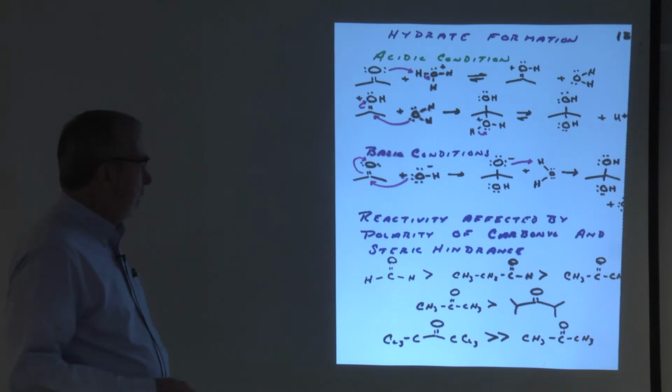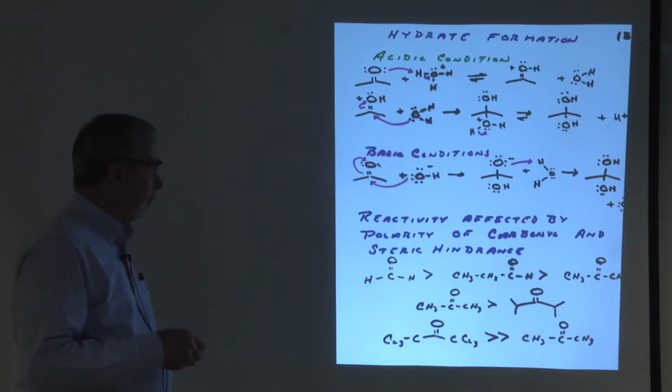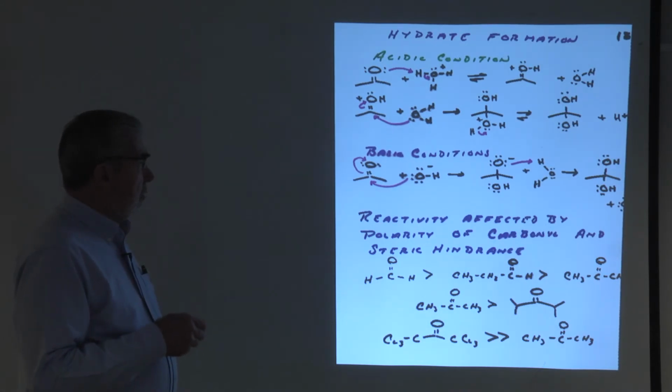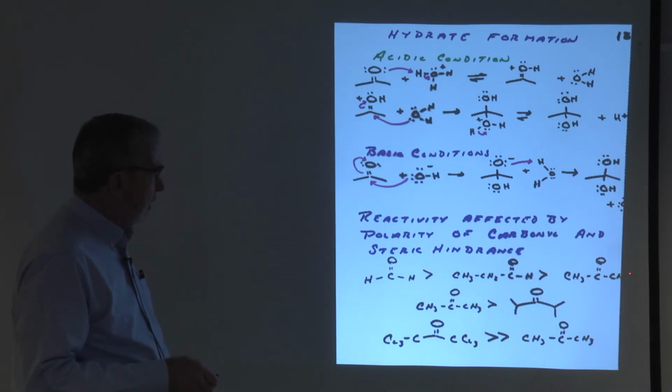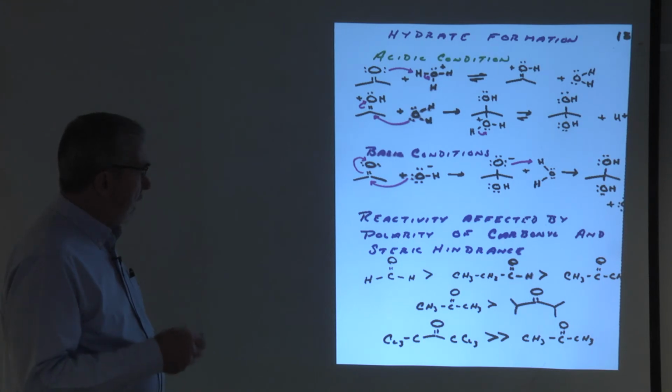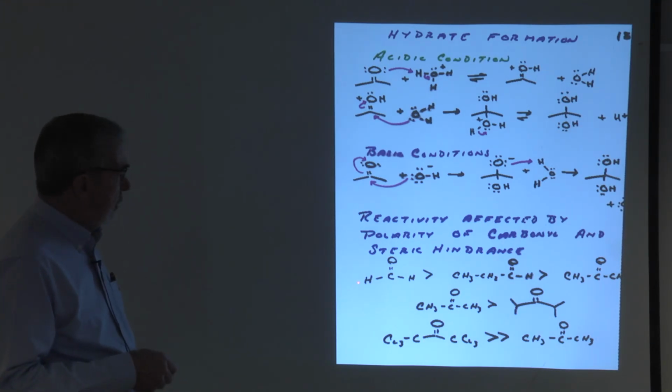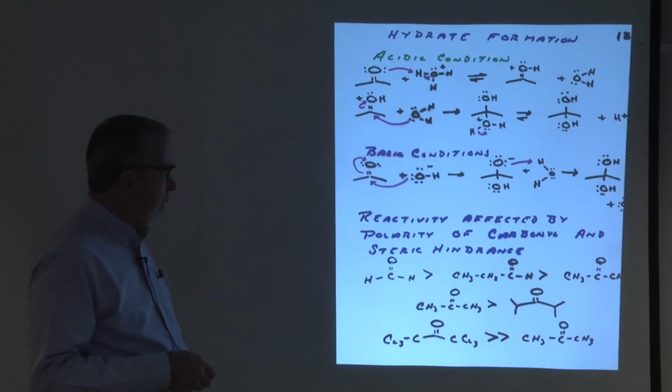And as we said before, the reactivity of these things, in other words, the tendency to form these hydrates, all depends upon steric effects and electronic effects. This is just a ranking of the reactivities in this reaction, forming hydrates, throughout a group of typical carbonyl compounds.